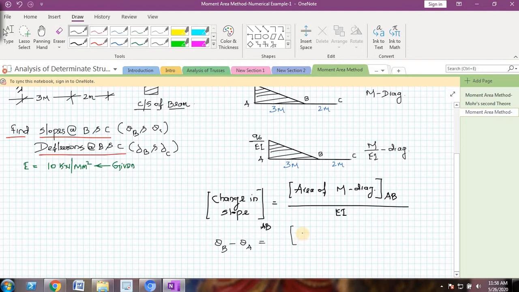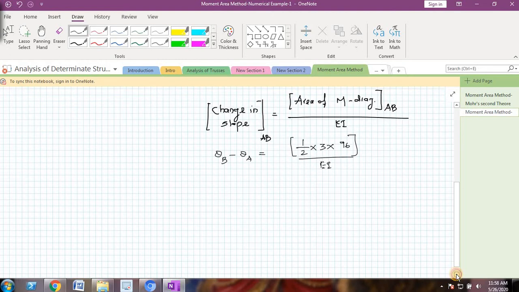So the area of the M by EI diagram will be half of base 3, because I need to refer only to the area between A and B, so the base is 3, multiplied by 96, which I refer from the M diagram, divided by EI.